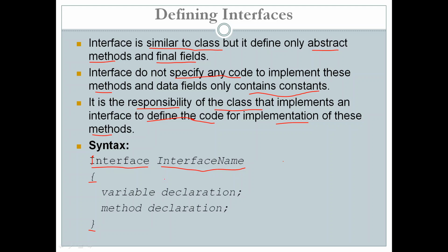Inside this we can have variable declaration and method declaration. As we have seen, variable declaration means our variables in interface can only be final variables, that means constants, whereas methods can be abstract methods. So interface only includes abstract methods and final fields, remember.